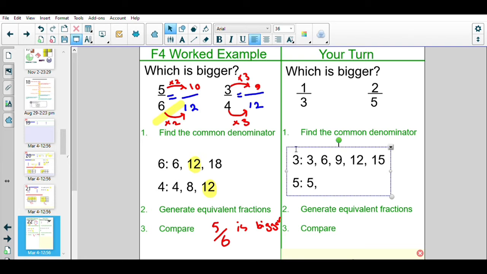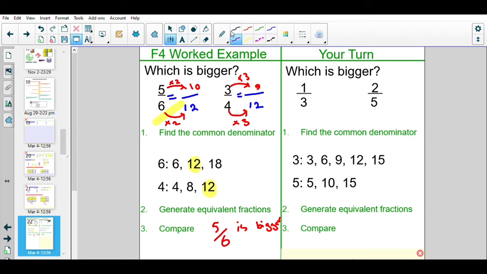To be able to do that, we're going to find the common denominator. We find the lowest common multiple, that is 15.